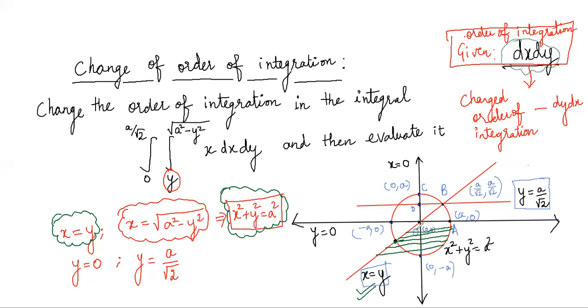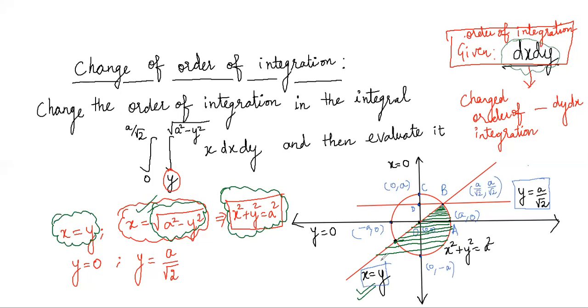All strips we will be covering start from this line x equal to y and end on the boundary of the circle, where x is positive. x is positive here, given by square root of a square minus y square.